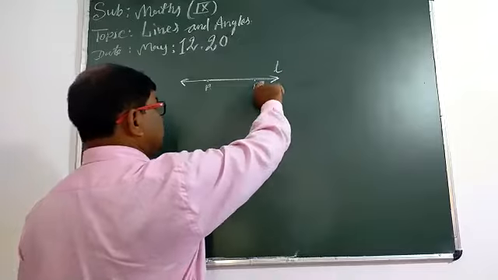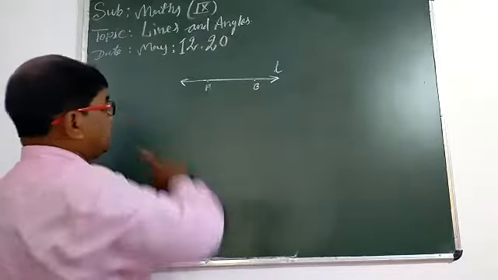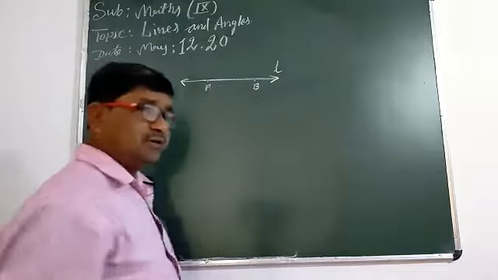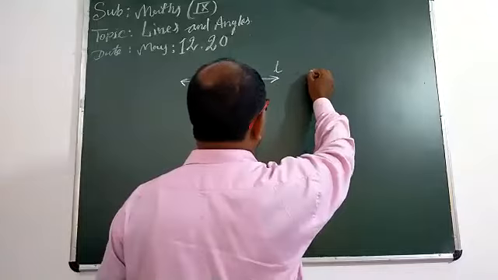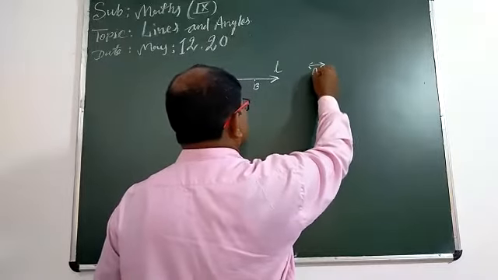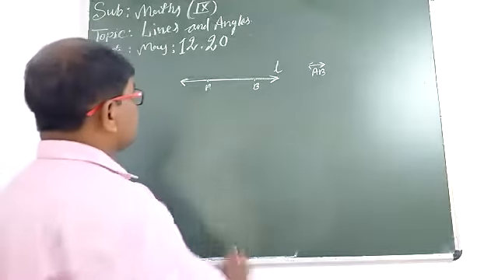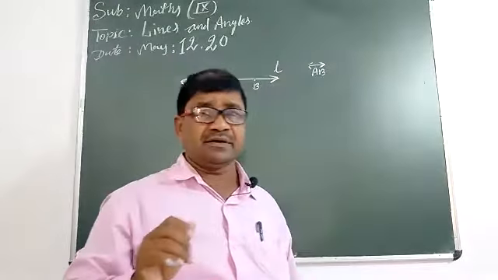You can produce this line in this direction and in that direction also. You can represent this as line AB.